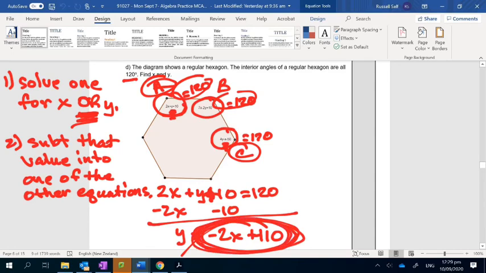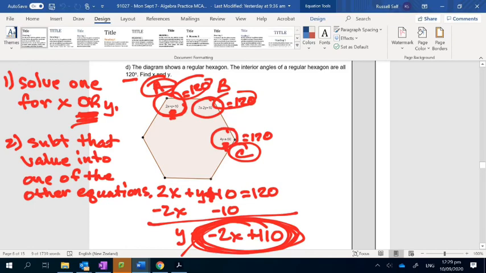Negative 2x plus 10. I can put that in place of y in one of the equations. Plus 10, plus 110. So that's what y equals. It's plus 110.